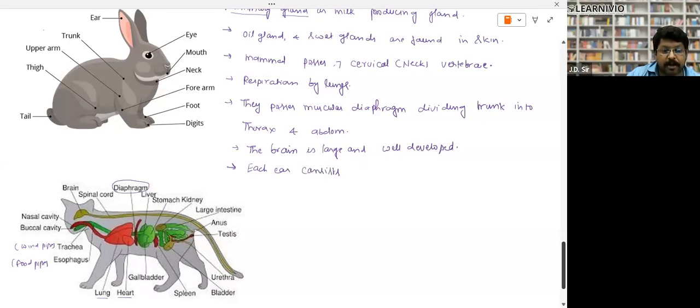It is made up of three parts: external, middle, and internal.